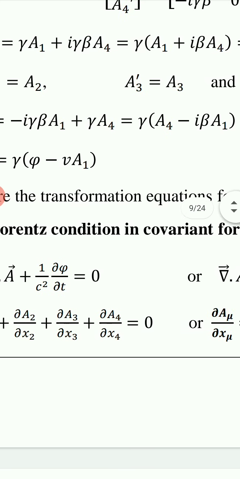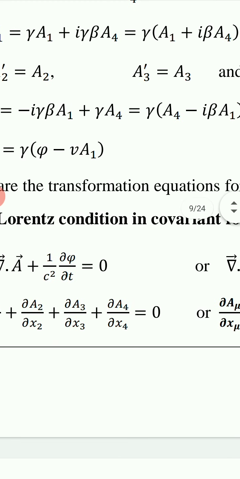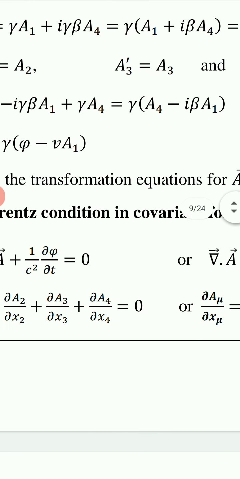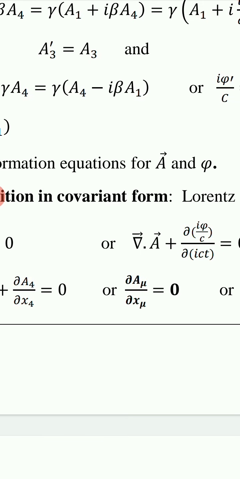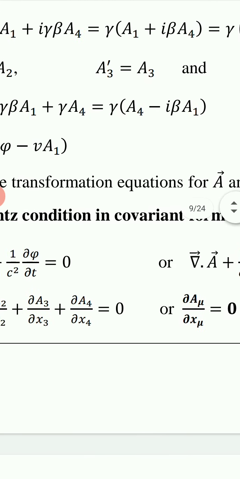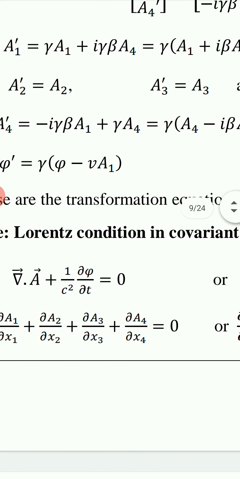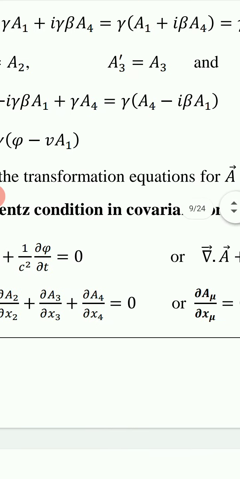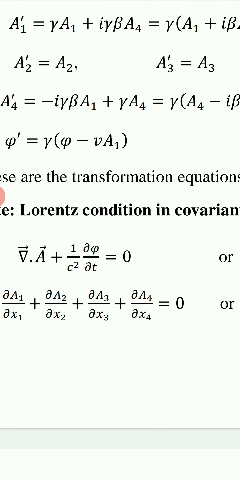In the second term of the left hand side, we multiply phi by i upon c. We multiply the second term of the left hand side by i upon c, and also we divide this term by i upon c.